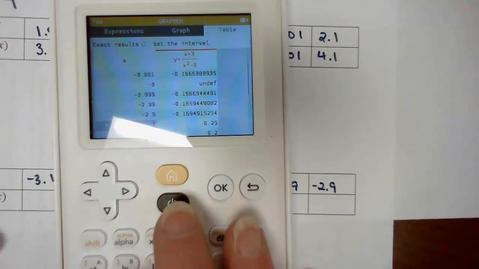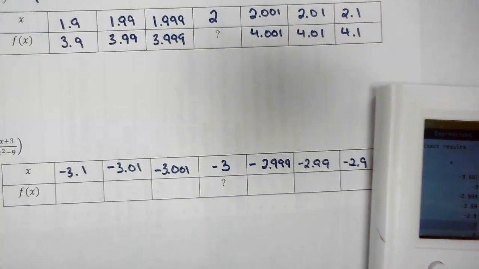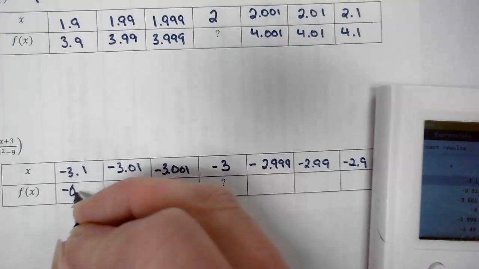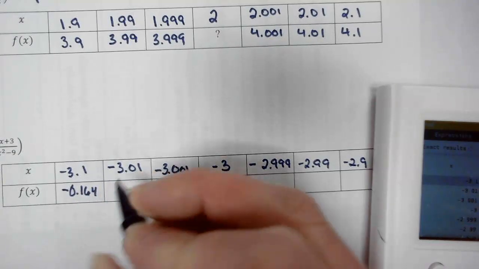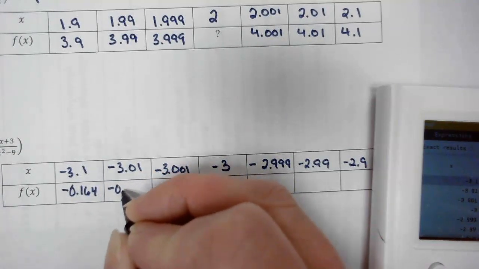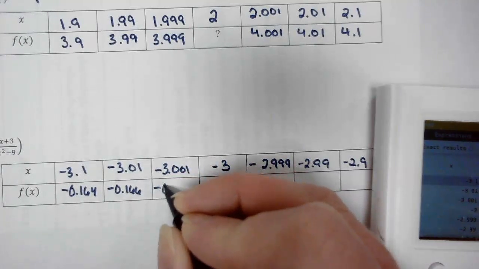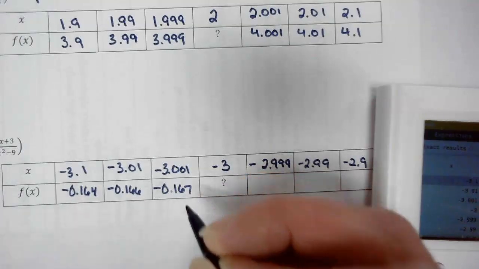And I'm looking at this, so let me copy them into here, because that'll make it a little bit easier. This one has a lot of decimals in it. It says -0.164, -0.166, -0.167.